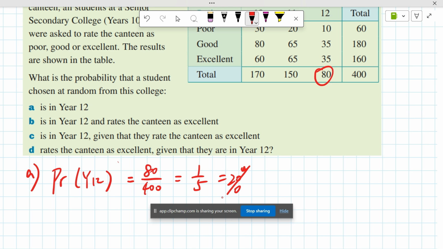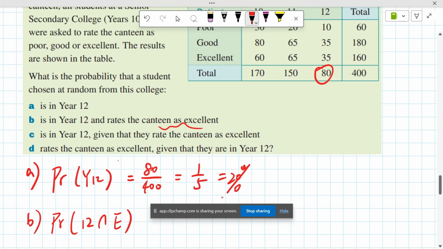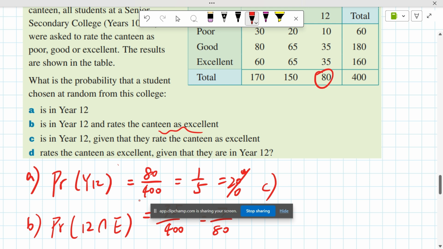And for year 12 ranking the canteen as excellent, we want the probability of year 12 intersection excellent. The probability of this is 35 over 400, which equals 7/80. And question C: we want year 12 given the rating is excellent. Now we're using the given.